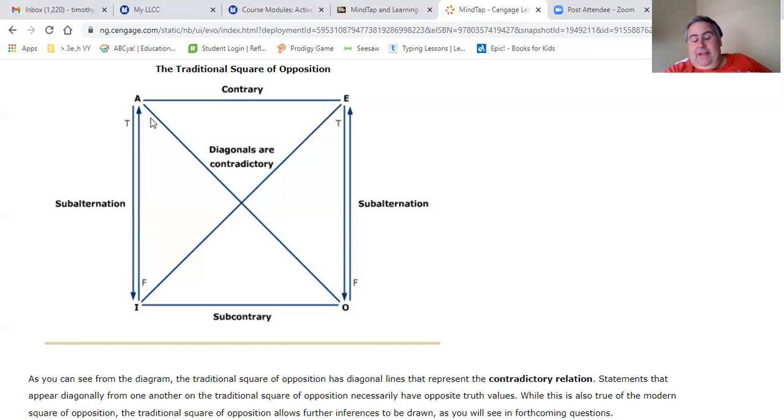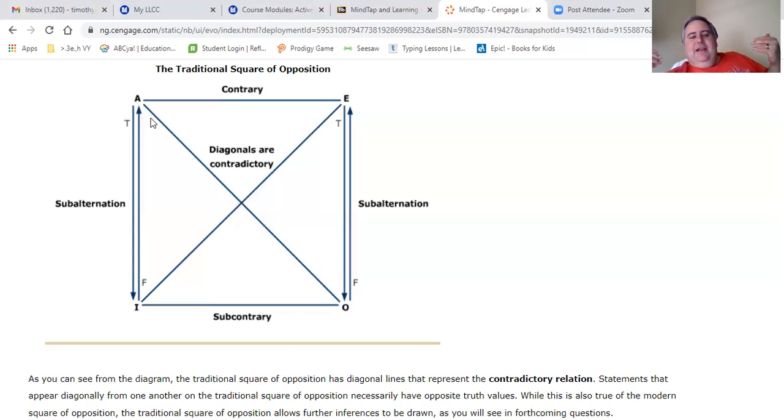That means everybody in the class has to be wearing a hat. So therefore, when I say nobody in the class is wearing a hat, well, we know some are, therefore we know that's false. Hopefully that kind of follows and makes sense.